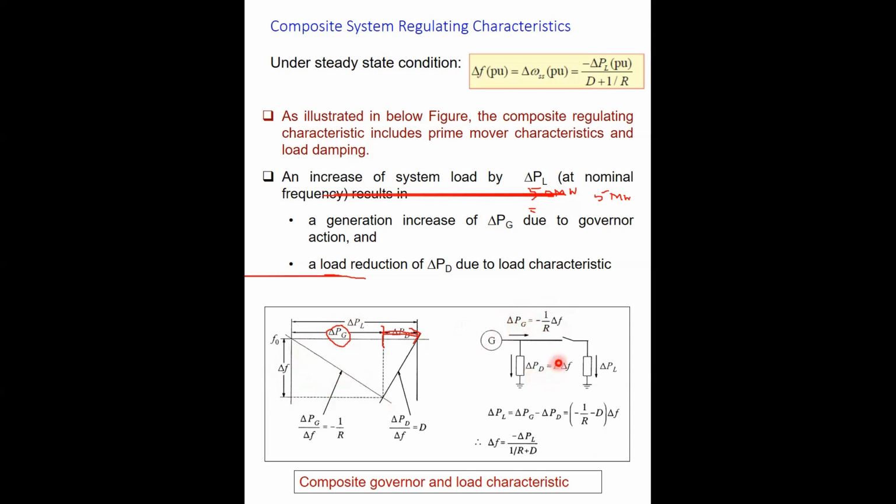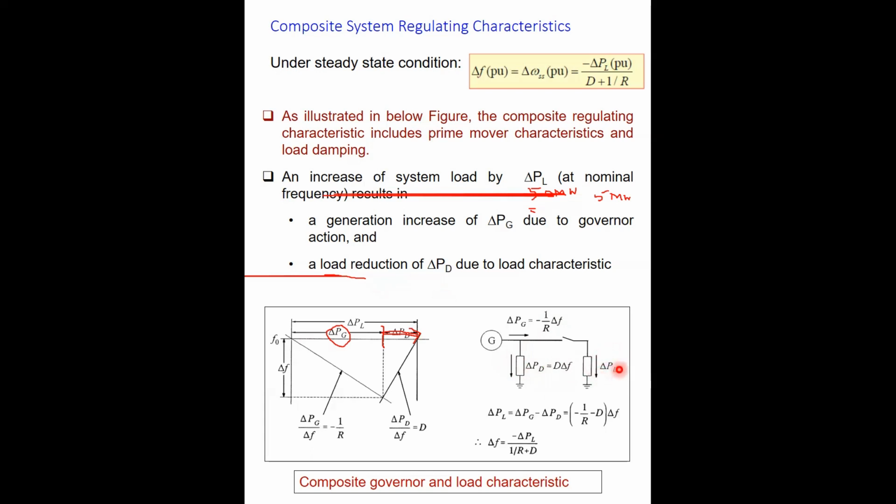But since here we have the composite load, we have some amount of frequency sensitive load. Thus the reduction in the load from the frequency sensitive load is load damping constant times delta F here. Thus the total load is this one.